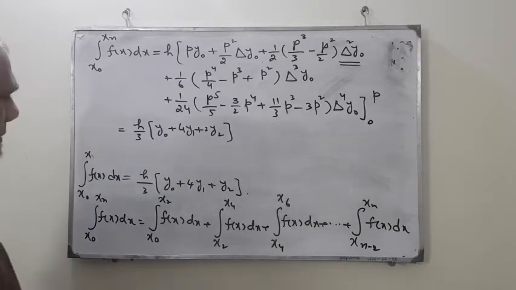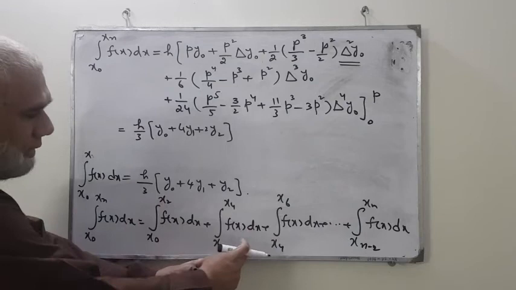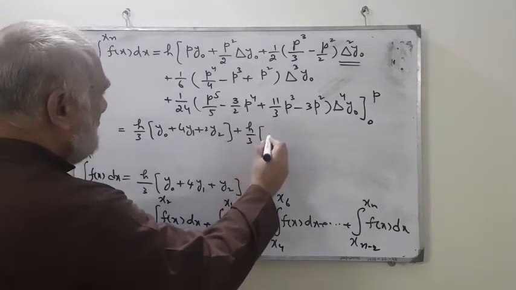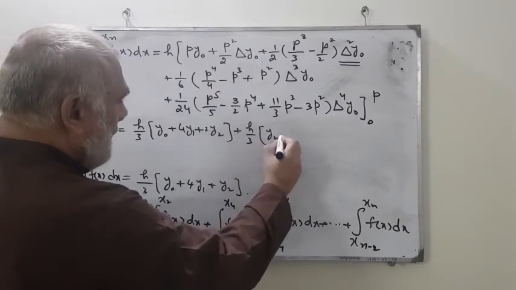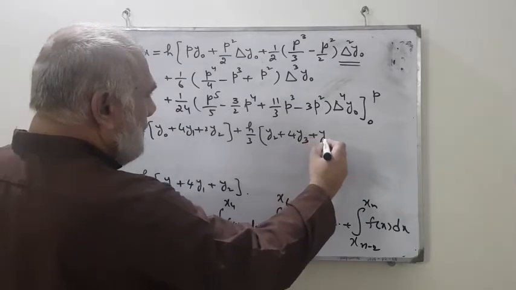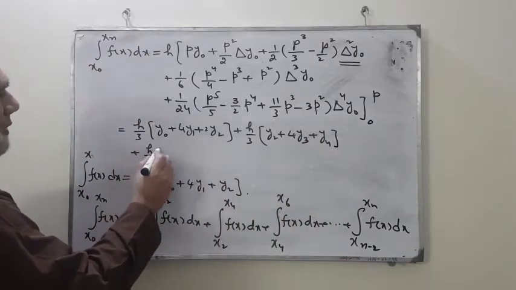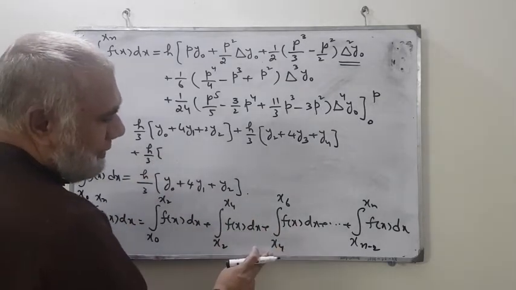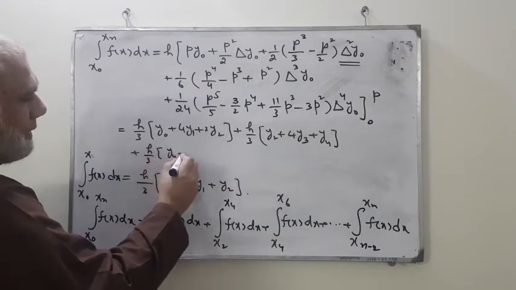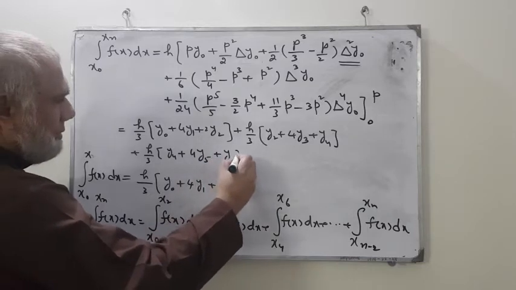Next, on replacing this on the similar pattern for the interval x2 to x4, we can write down h by 3. Inside this gives you y2 plus 4y3 and y4. Next is h by 3 for this integral. It starts from x4 to x6. So here we write down y4 plus 4y5 and y6.